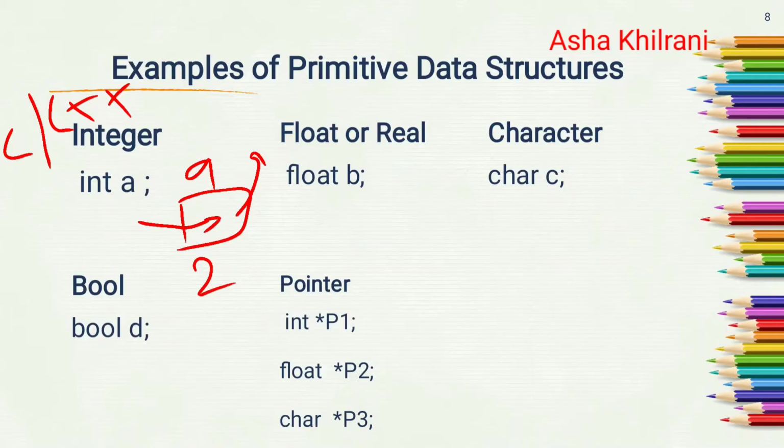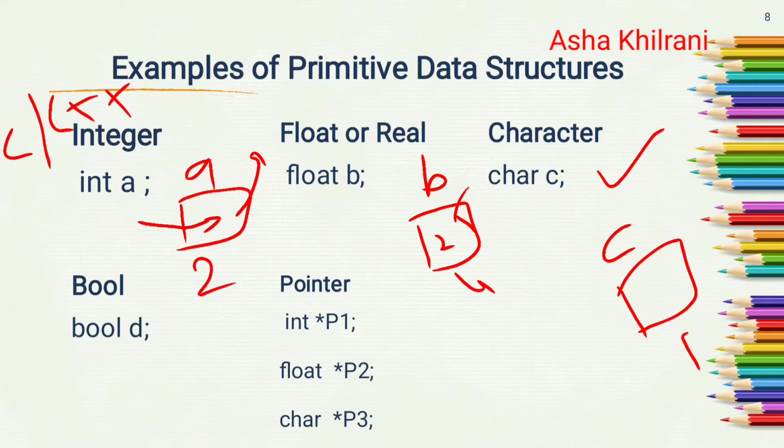If you create a variable of type float, that means 4 bytes of memory will be allocated to the variable b, and the program can store real values like 2.5, 3.5 in this memory. For creating a character, we write char c semicolon, and 1 byte of memory will be allocated to store a character in c.